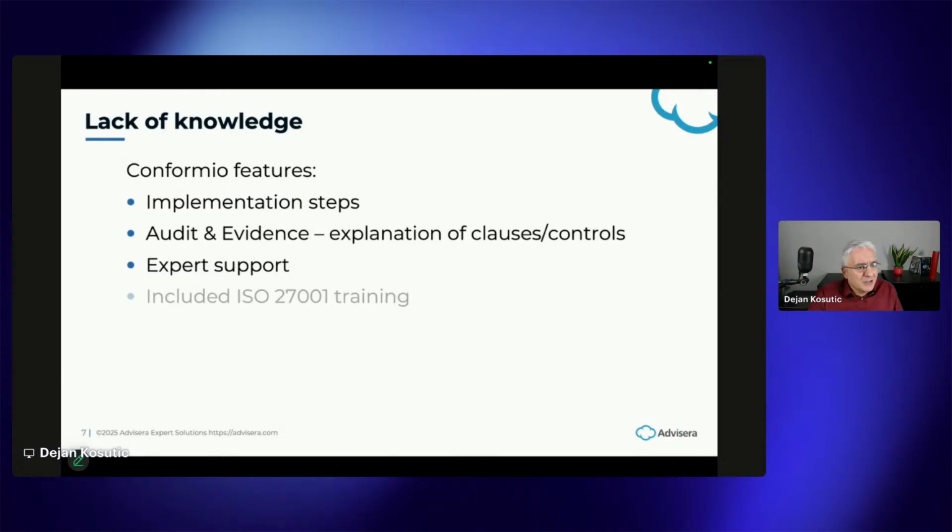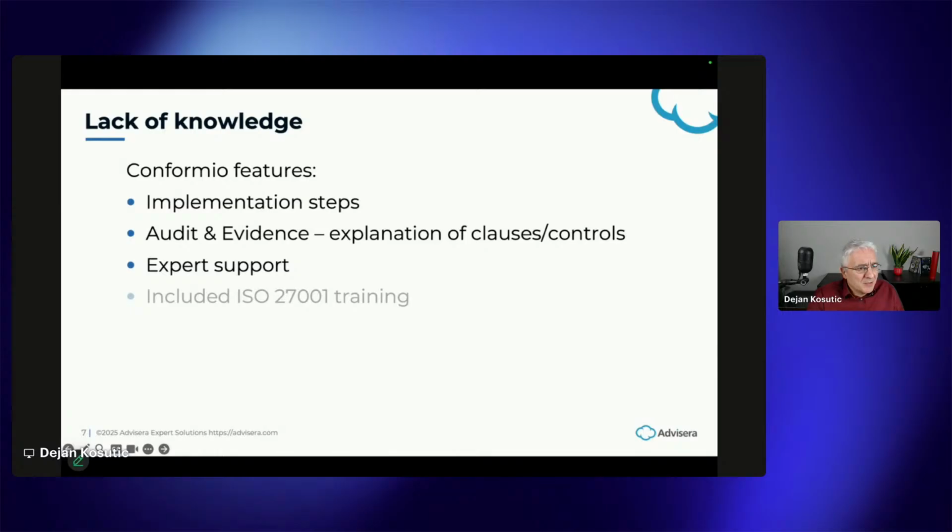Okay, Alejandro is asking, can I implement ISO 9001 with Conformio? I would say not yet. We are now working on building a new module for Conformio where you can implement 9001 as well. This is on top of our list now, so I hope this will be ready in the first quarter of 2026.